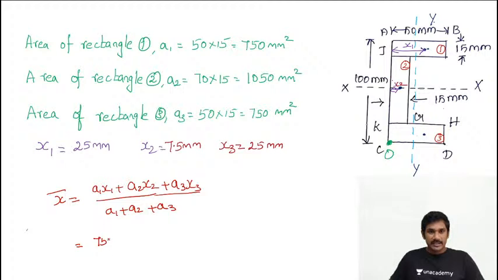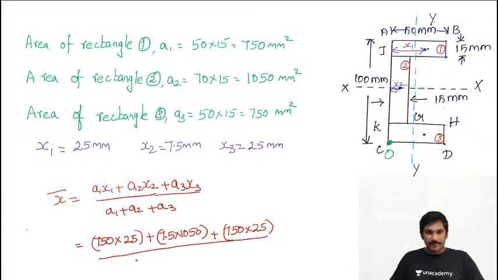A1 is 750 mm square, x1 is 25, plus 7.5 into 1050, plus 750 into 25, divided by total areas, that is 750 plus 1050 plus 750.